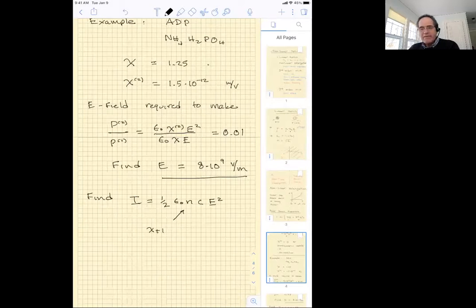So go ahead now and figure out what the intensity of light has to be that would produce this magnitude electric field, and thus produce 1% second order polarization compared to linear polarization.